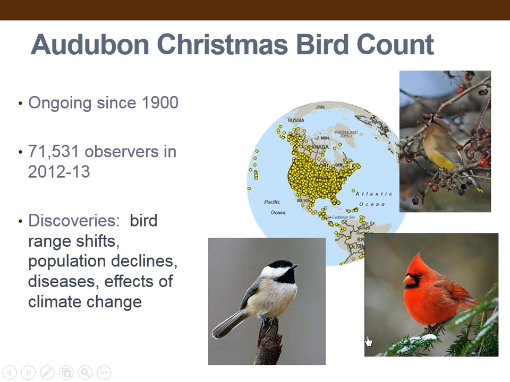So for example, as a result of the Christmas bird count, we have a lot of new information about range shifts in birds, population declines or increases in different places, and potentially effects of a changing climate, basically because of crowdsourcing. And imagine how many professional ornithologists we would need if we had to do this on the backs of scientists alone.